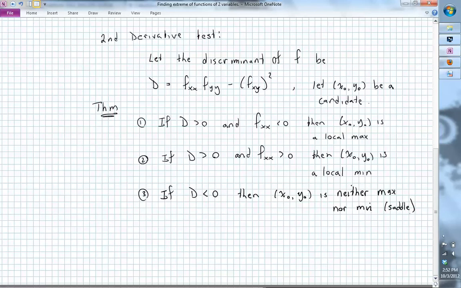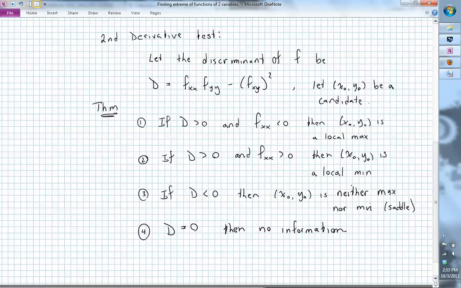And I'll explain why later. And finally, there's one condition left, and that's if D is equal to 0, then there's no information. You have to resort to some other means to classify the candidate. The discriminant doesn't provide any information. So that candidate could be a max, it could be a min, it could be neither. And you have to go somewhere else to figure that out.